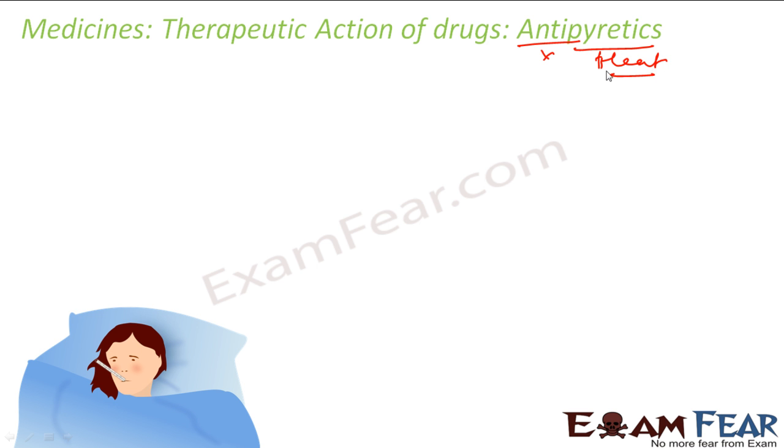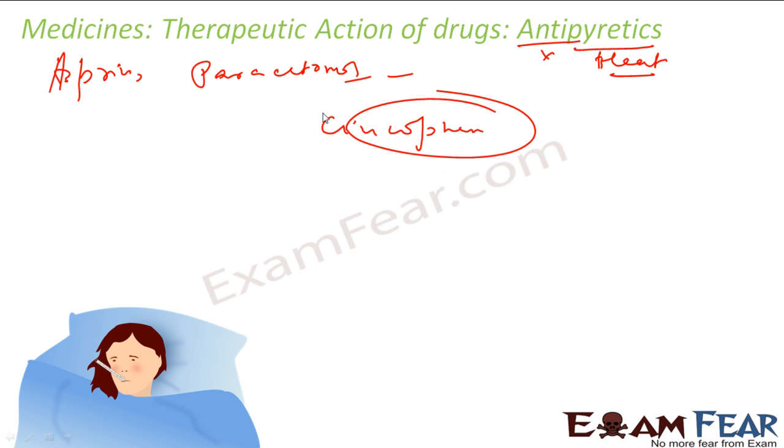So anti-heat, that is, it will reduce the temperature of the body. There are so many examples: aspirin, paracetamol, quinquefene. There are so many antipyretic drugs in the market.